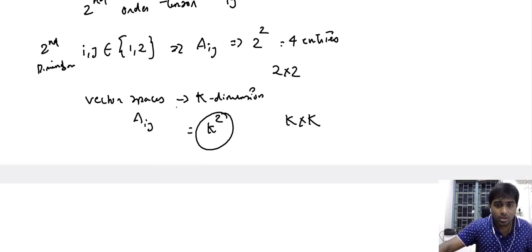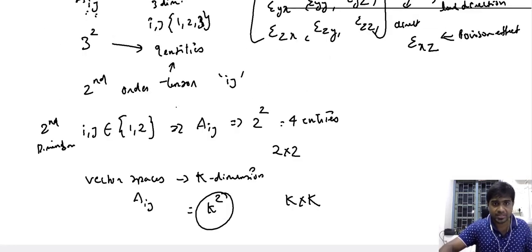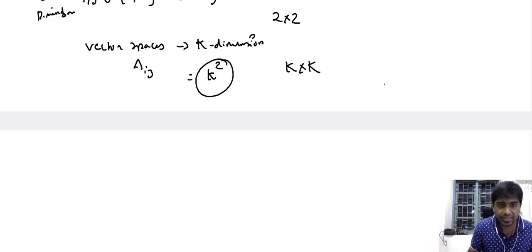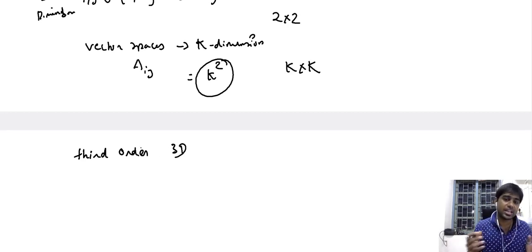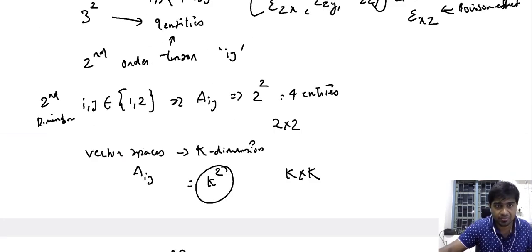Now when you consider the third order tensor in 3 dimension, the expression for identifying the number of entities required to describe the given tensor can be estimated using the same approach that we have adopted here.